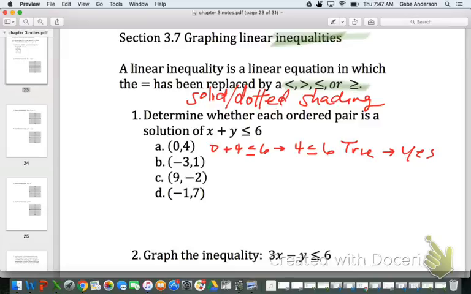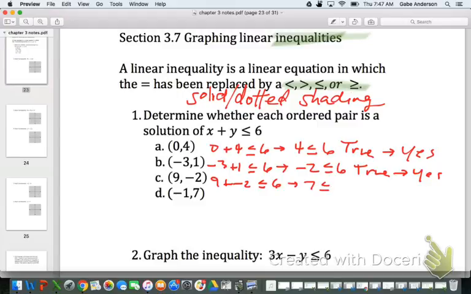All right, so then part B, you would say negative 3 plus 1 is less than or equal to 6. And so that would lead us to negative 2 is less than or equal to 6. Is that true or false? True. That is true. So once again, yes, that is a solution. And then, with this part C, we'd say 9 plus negative 2 is less than or equal to 6. 9 plus negative 2 is 7. 7 is less than or equal to 6.